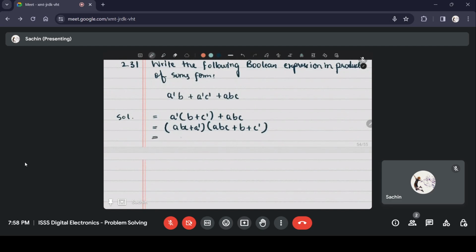Then again you can write this as a prime plus ab into a prime plus c.